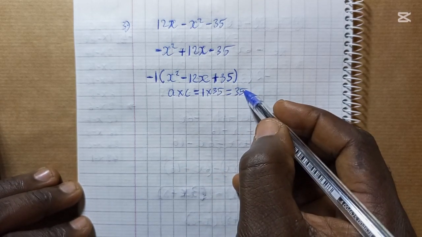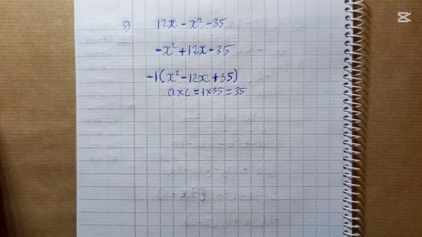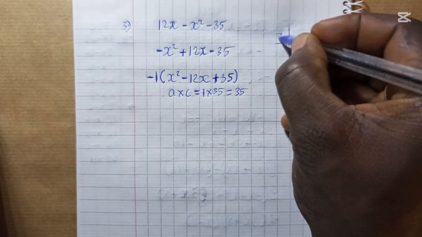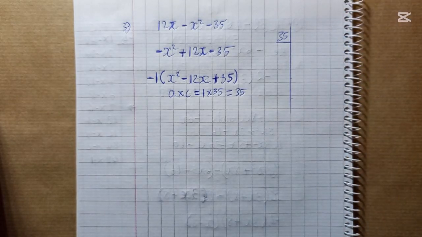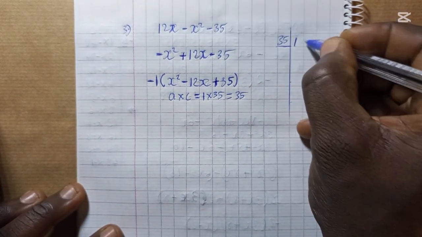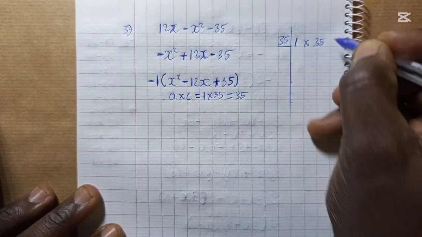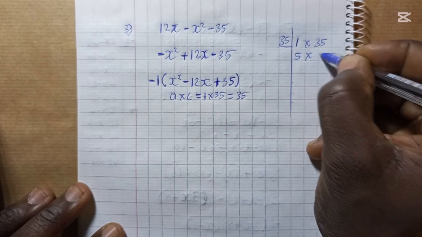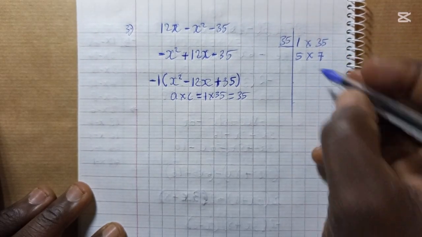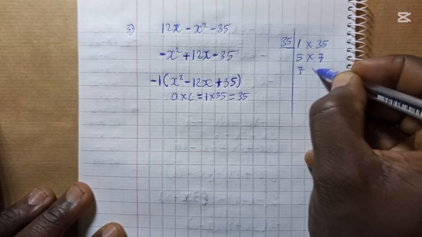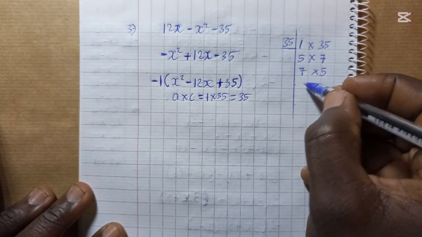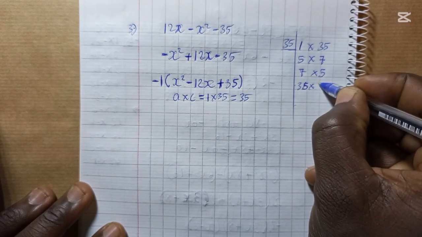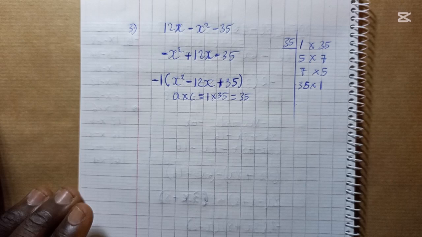But first of all, let's list out the factors of 35. What are the two numbers we multiply together to give 35? We have 1 times 35, 5 times 7, 7 times 5, and 35 times 1.